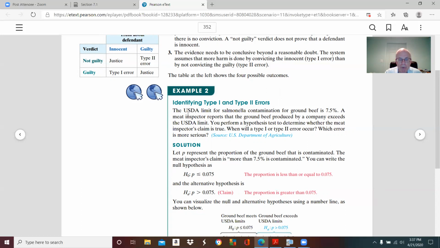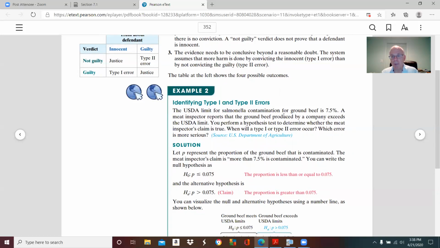Maybe you're familiar with the USDA. It's the United States Department of Agriculture, one of the largest agencies out of all the federal agencies. Anyway, they do deal with food safety, and suppose they have a limit for salmonella contamination for ground beef. You think the limit should be 0, right? But that's not possible. They would have to test every piece of meat, and nobody does that.